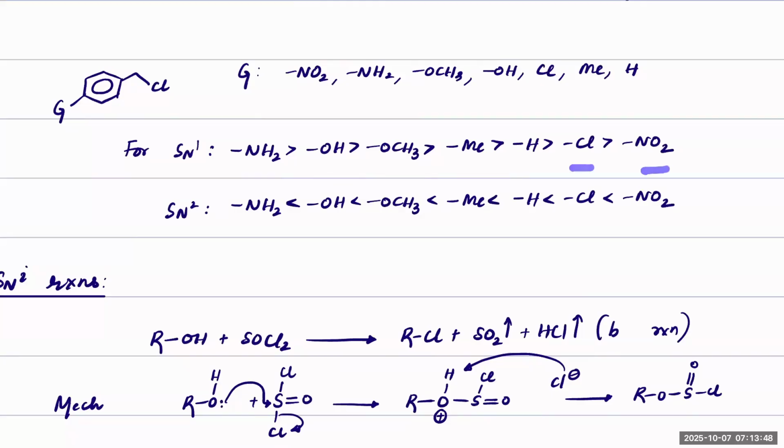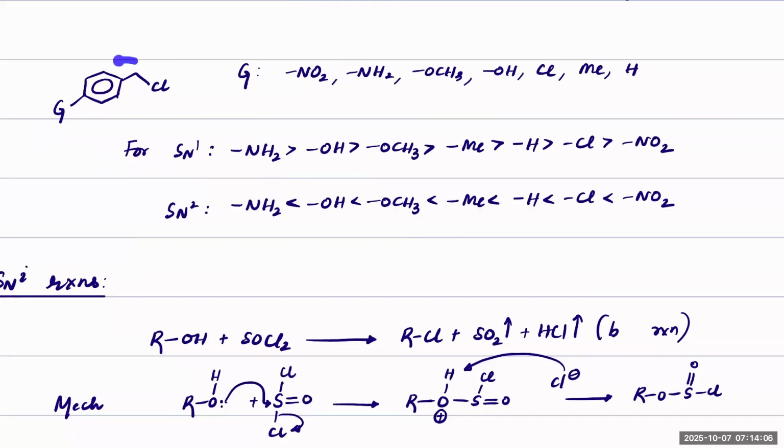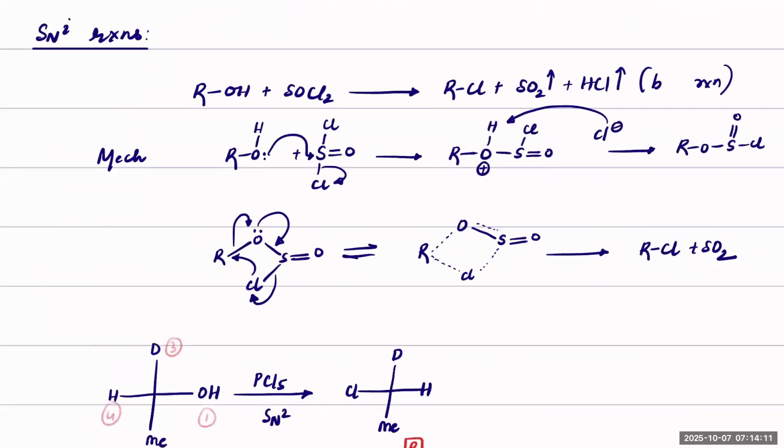Chlorine and NO2 are withdrawing. But when it comes to SN2, direct attack will take place, so delta positive should be high, which means the group should be withdrawing. So which are more withdrawing now? Exactly opposite. So NO2 is more than Cl, H, methyl, and so on, right? So SN1 and SN2 will go exactly opposite when it comes to benzyl chlorides. Clear?